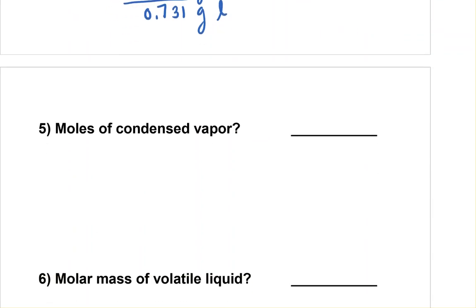Okay, next. Moles of condensed vapor. This is where we get to use the ideal gas law, and we should be ready to plug in. So this is where you use this, and we're making sure we put everything in the correct units.